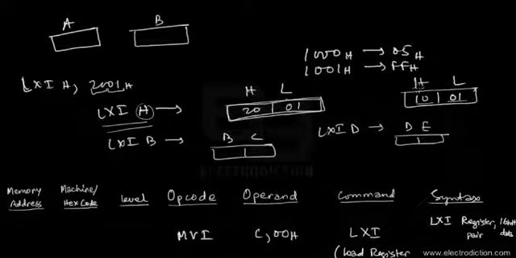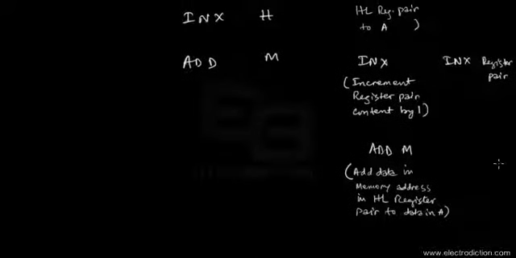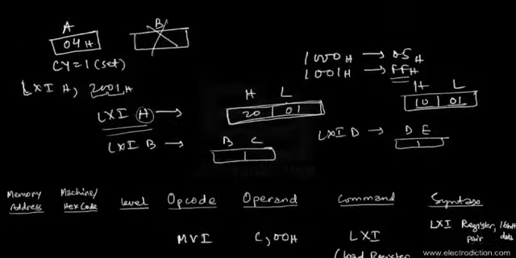Now that 05H is present in the accumulator, we are not using the register B in this case. We're just directly adding the data FFH from this memory location to the accumulator.